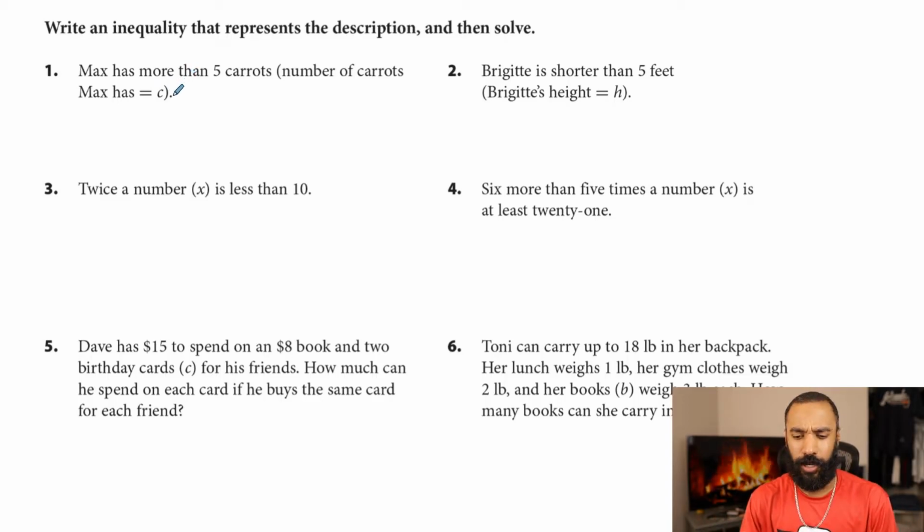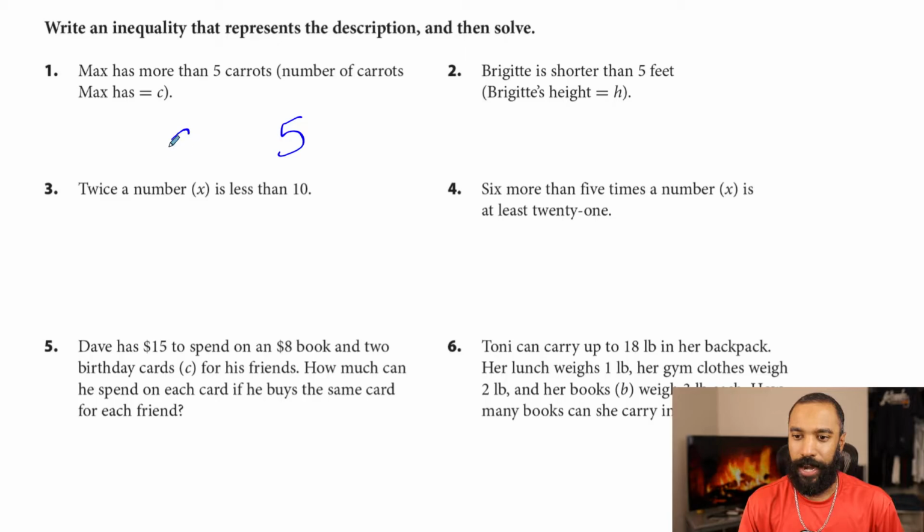So here's how these things go down. There are 2 expressions in each of these things, whether there are a lot of terms or just a single term, and we are comparing them. Now, Max has more than 5 carrots. So somewhere here, there are 5 carrots hanging out.